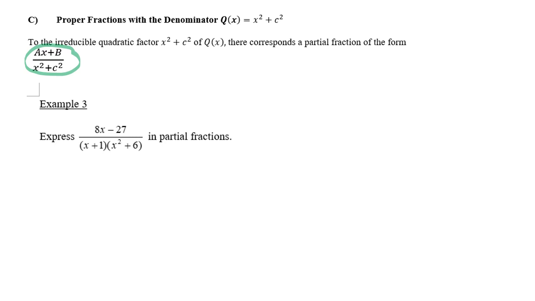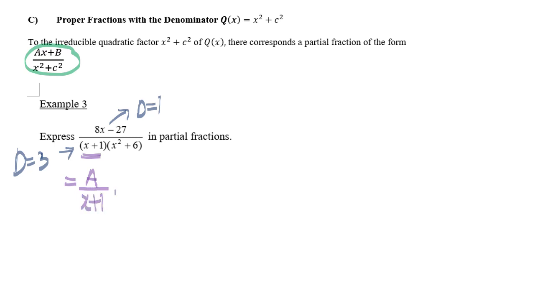First of all, let's check to see if it's a proper fraction. Yes, the numerator is of degree 1. The denominator is of degree 3. Do you know why it's of degree 3? Let's examine your denominator. I have a linear factor, so this is my linear factor. I can express it as a over x plus 1.